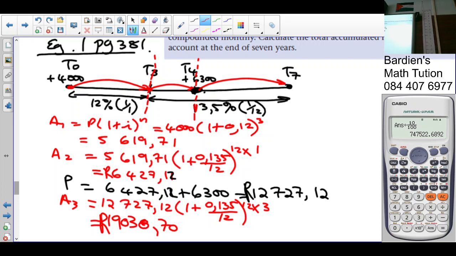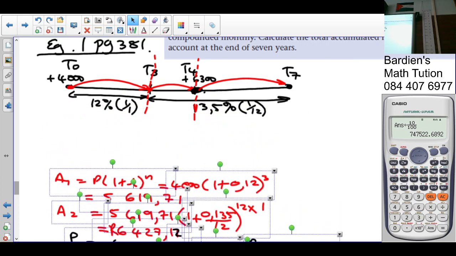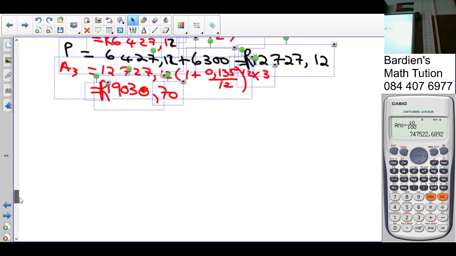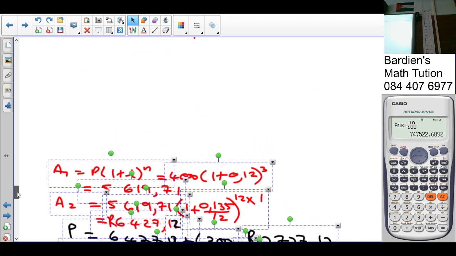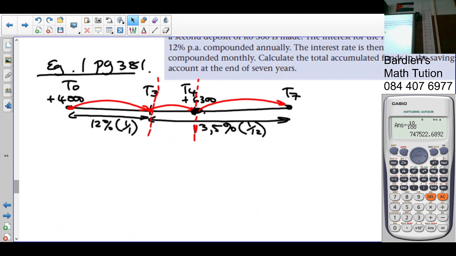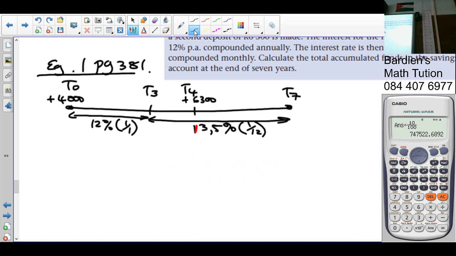But of course, you could have done it another way, another method. What we normally do is we take it to where the interest rate changes. That's all.